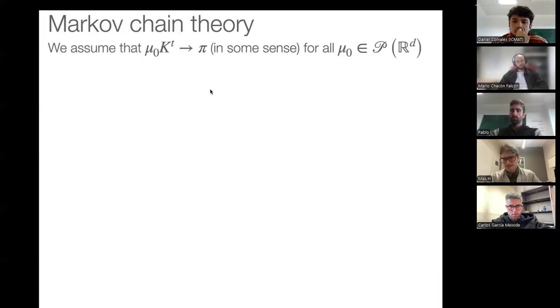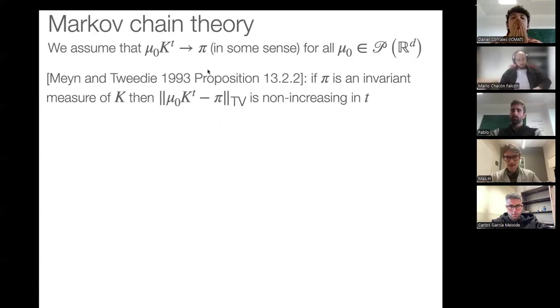As I said just now, our MCMC algorithms are constructed such that pi is invariant under them. Usually, under that assumption and some other assumptions on the Markov kernel K, mu naught K to the T tends to pi in some sense.